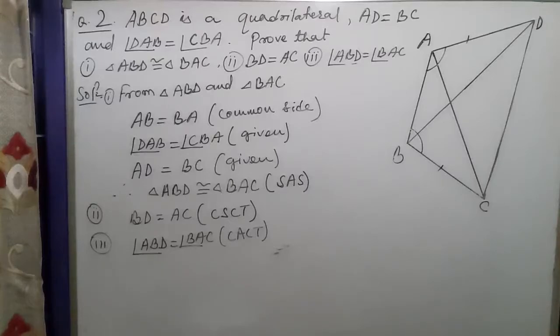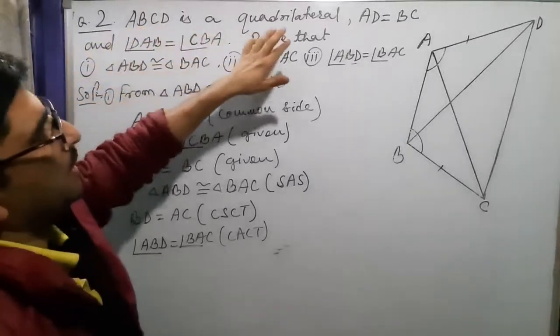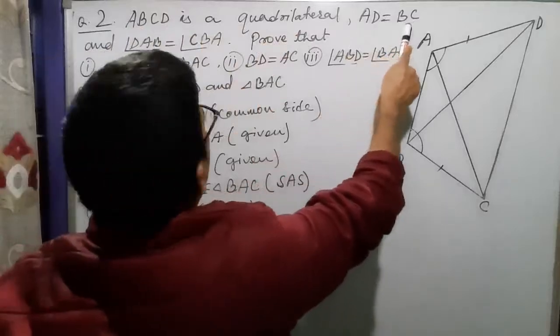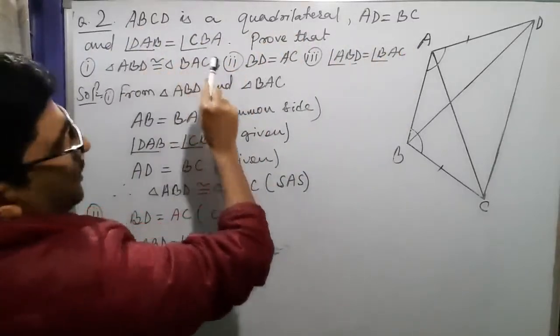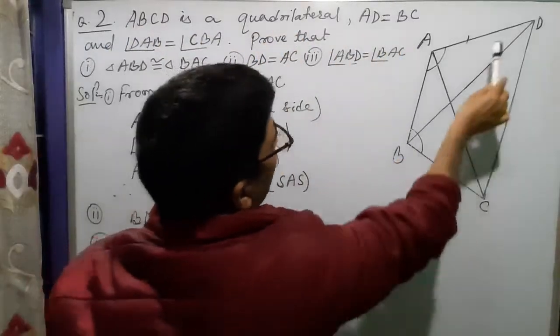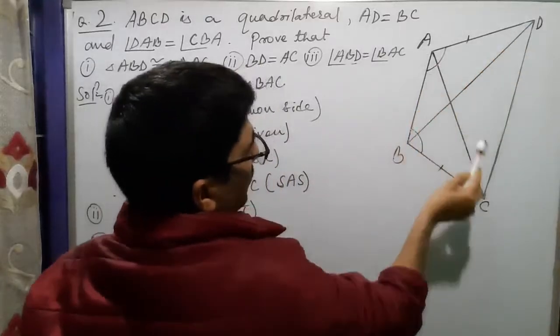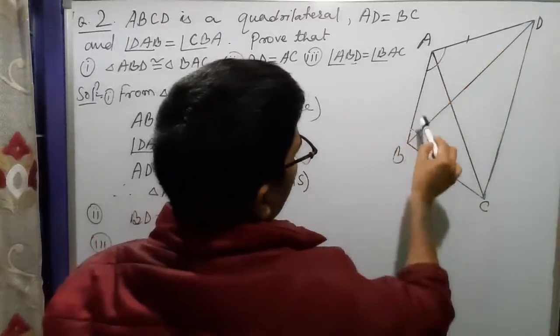Similar question number 2. Here you check, ABCD is a quadrilateral where AD equal to BC and angle DAB equal to angle CBA. This angle DAB equals this angle CBA, so these two angles are equal.